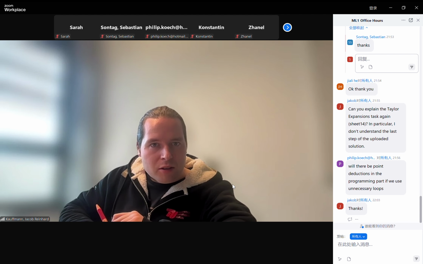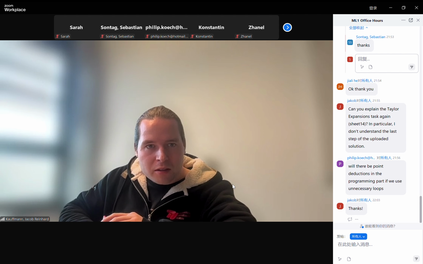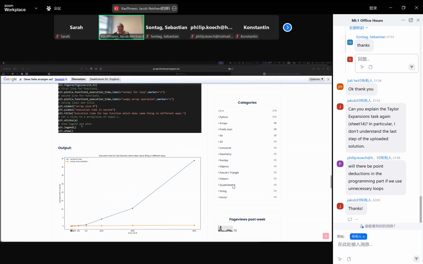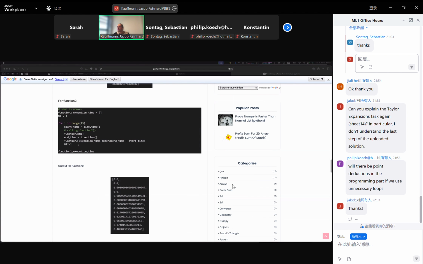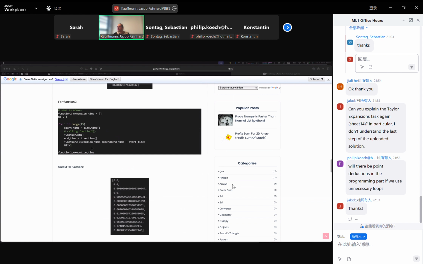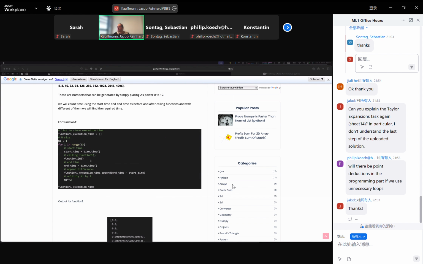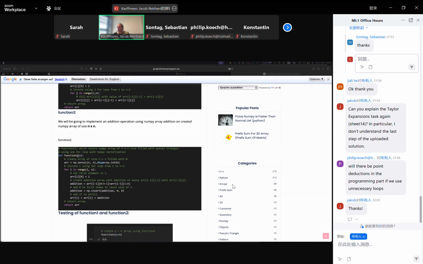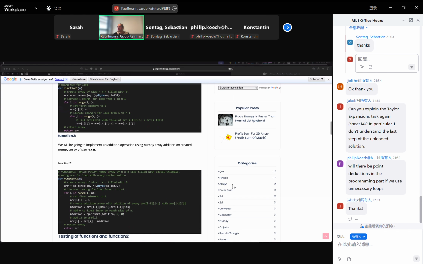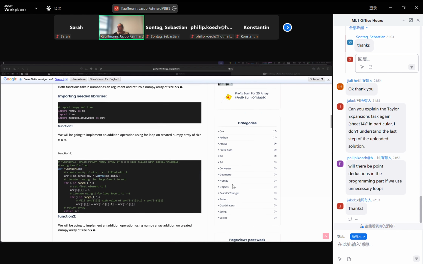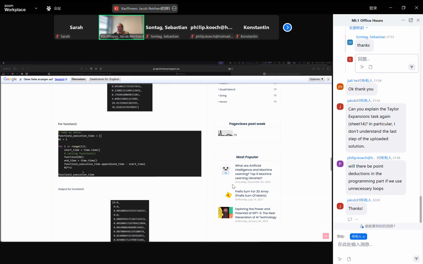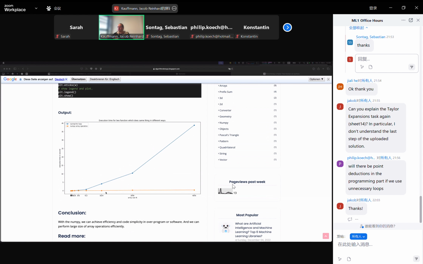So here's something I found with a quick Google search. Here's someone who compared a NumPy implementation against for loops.